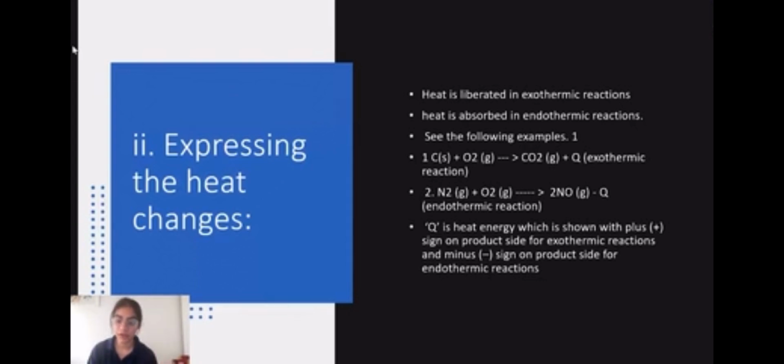So look through the second example, which is an endothermic reaction, where N2, nitrogen gas, reacts with oxygen, which is also a gas.